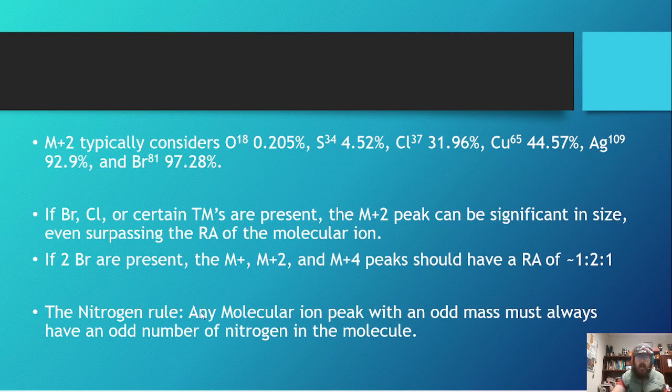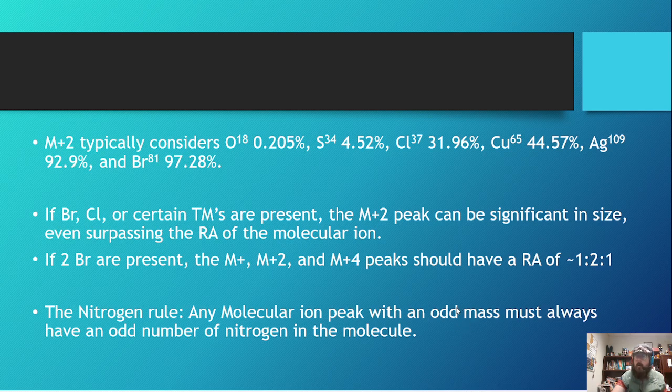If you look at every single mass in the periodic table, count the mass of any single neutral molecule with a nitrogen, it will have an odd mass. You make it charged, this rule will break. But any neutral molecule with an odd number of nitrogens will have an odd mass.